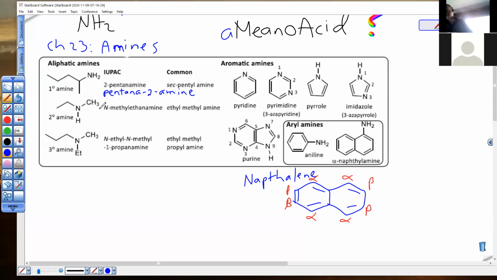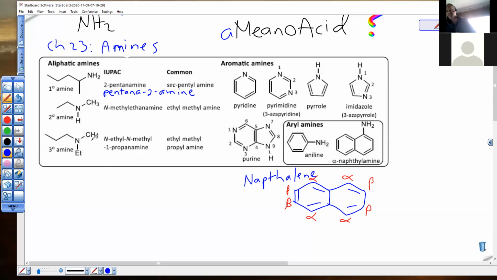That also has another group on the nitrogen, and we've already learned that: groups on nitrogen, you throw an N in front, and you name the group, and then the chain. Common naming is a little like ethers: ethyl methyl amine, alphabetical listing of the groups, and then the word amine. Pretty straightforward, huh?